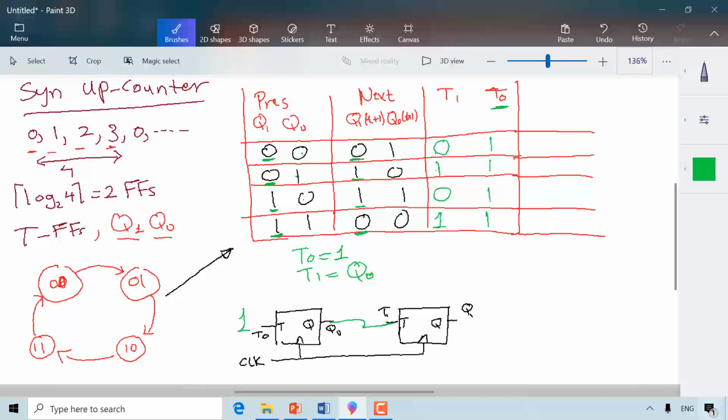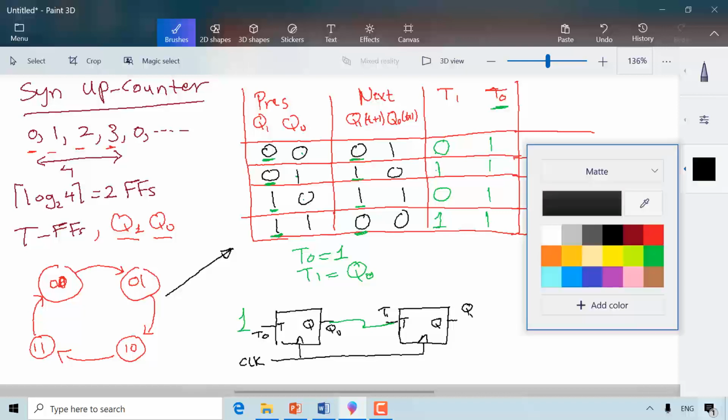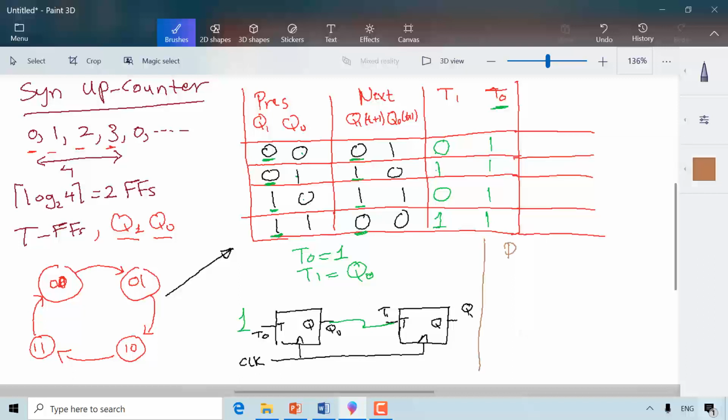So let's try D flip-flops as well. Let's assume that we are using D flip-flops. The same design process doesn't change: present state, next state, state diagram, except that now instead of T1 and T0, we'll have D1 and D0. Recall in the design of sequential circuits that the D flip-flop has a very special property, which says that the next state is the same as the D's.